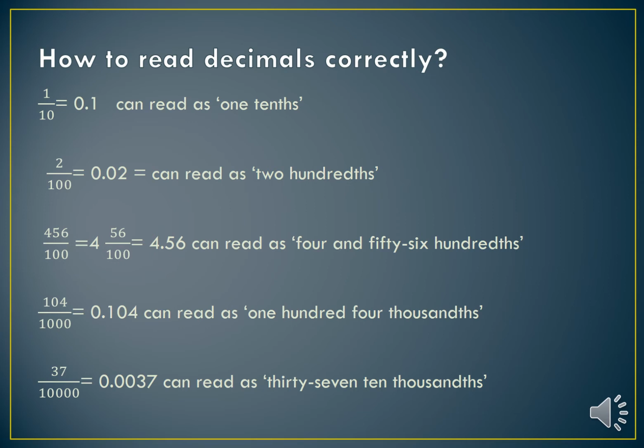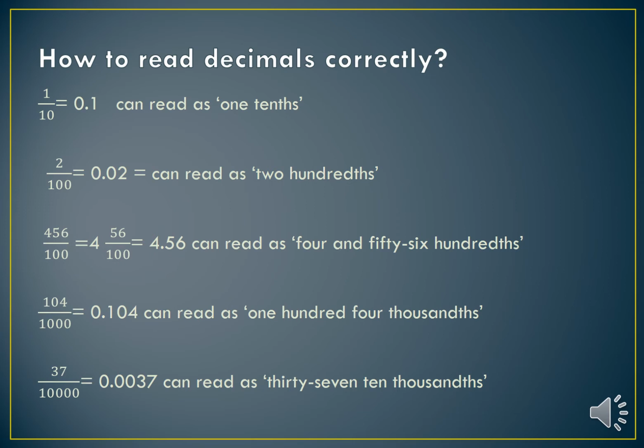How about this one? 104/1000 is equal to 0.104. It must be read as 104 thousandths. 1 is tenths, 0 is hundredths, 4 is thousandths. Therefore, it must be read as 104 thousandths. Last, 37/10,000 or 0.0037.